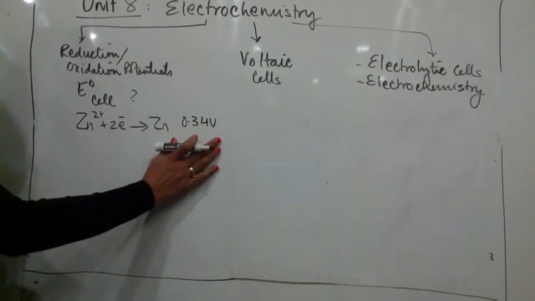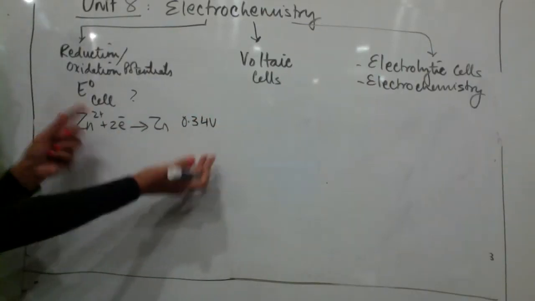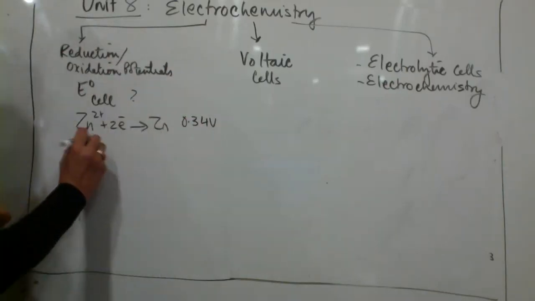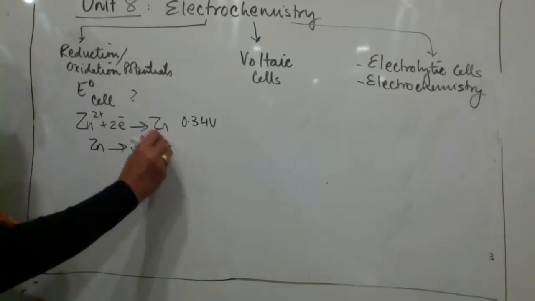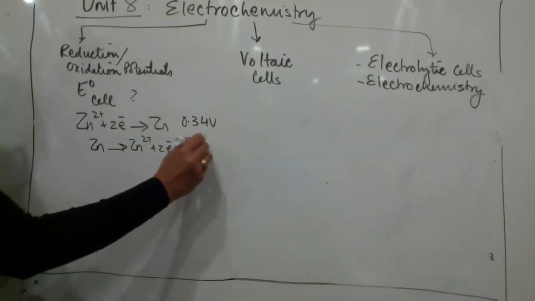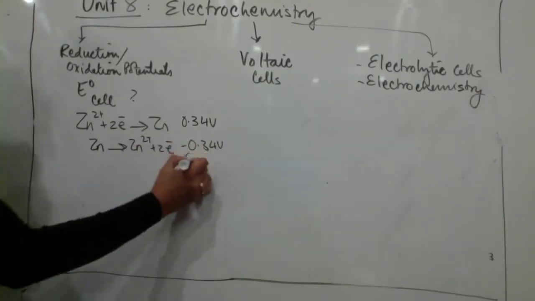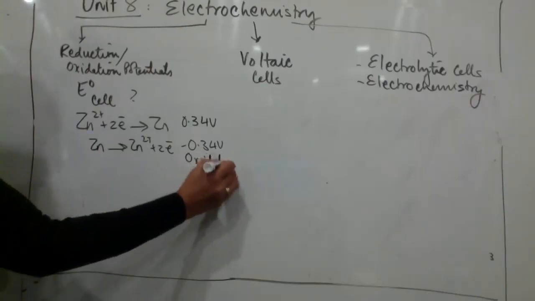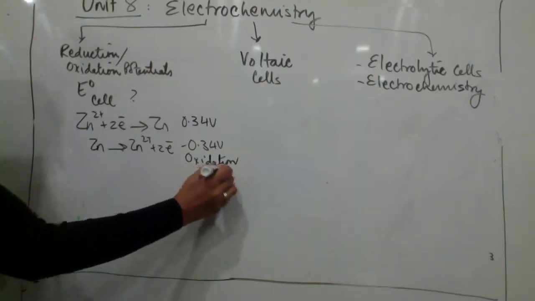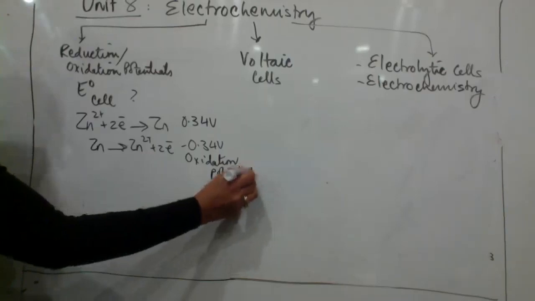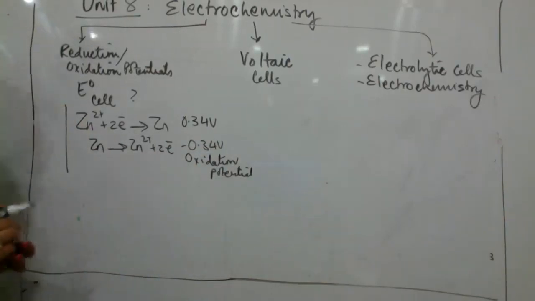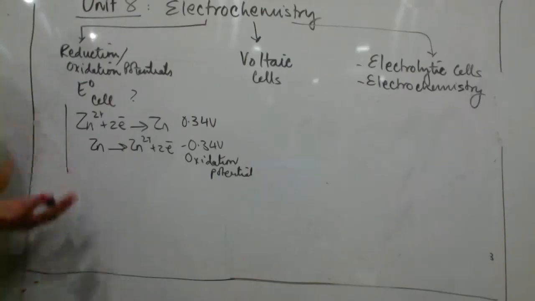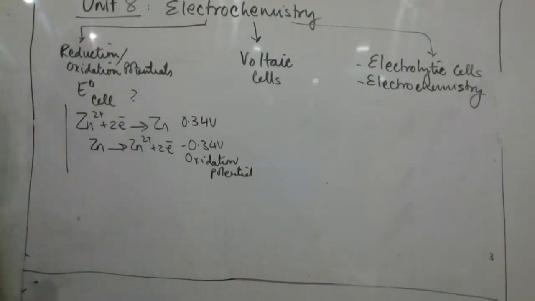That will be its reduction potential. If you flip this reaction around and write it as Zn gives you Zn2+ plus 2 electrons, then negative 0.34 volts is its oxidation potential. Generally, we use reduction potential only. The only substance that doesn't follow this rule of flipping is water. Its oxidation and reduction potentials are different. They are not the same.